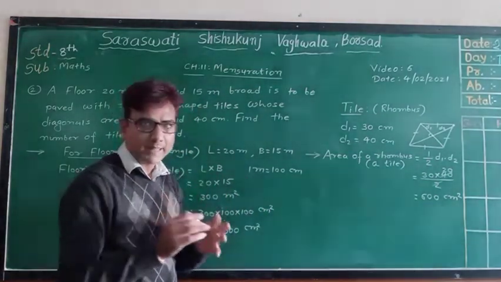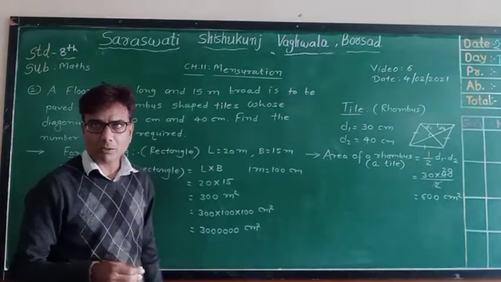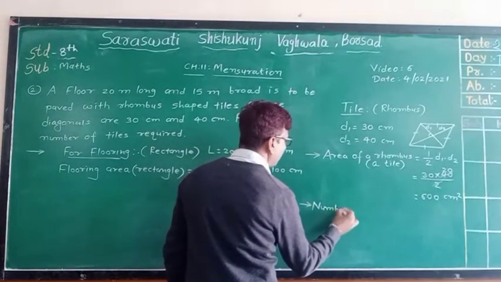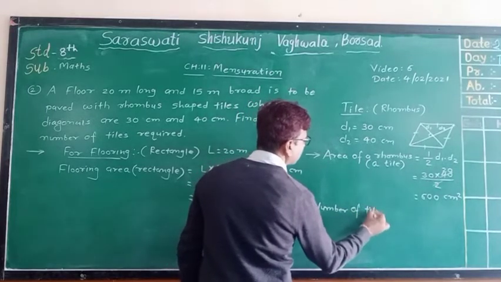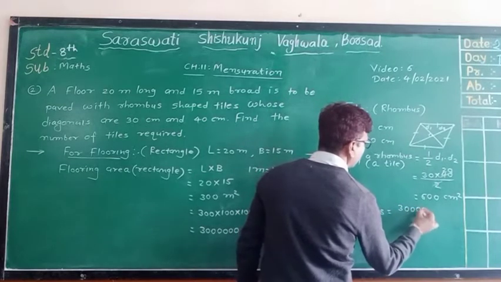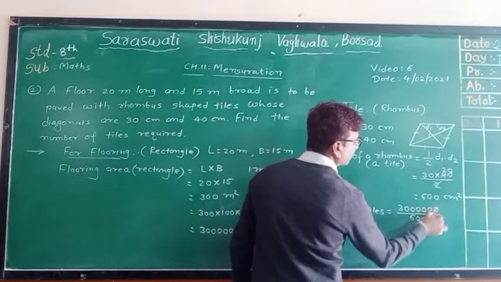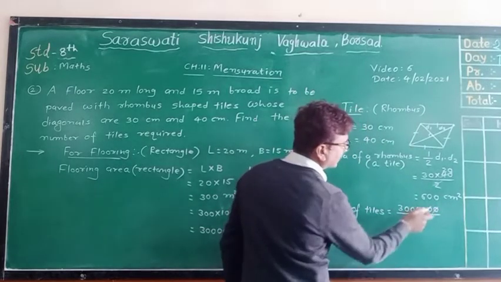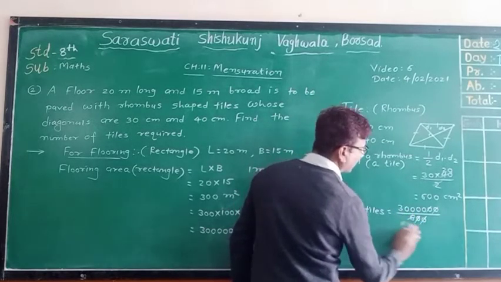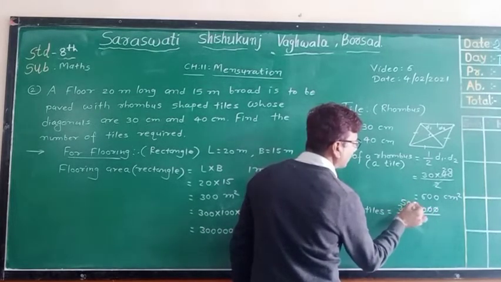Now for the number of tiles, we have to divide this 30 lakhs by that 600, so we can get the number of tiles. So the required number of tiles equals 3000000 upon 600. Cancel the zeros. Now 3 2 are 6, otherwise 6 5 are 30, and 1 2 3 0 1 2 3 0.